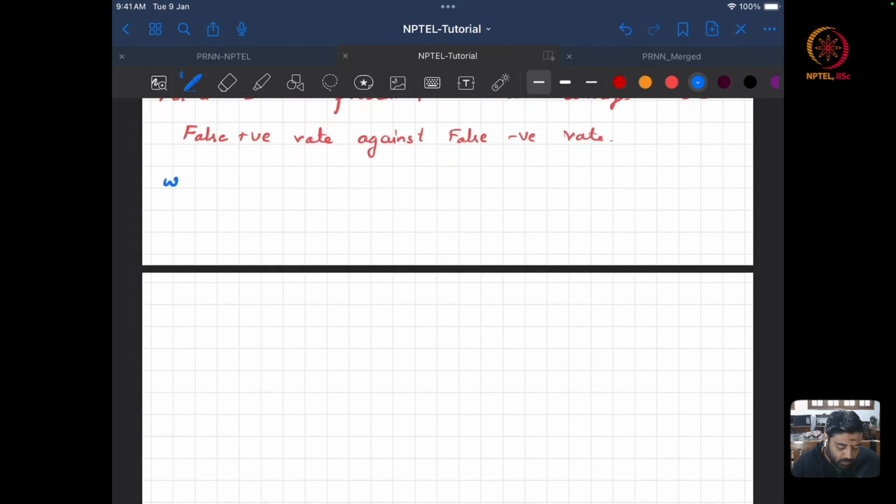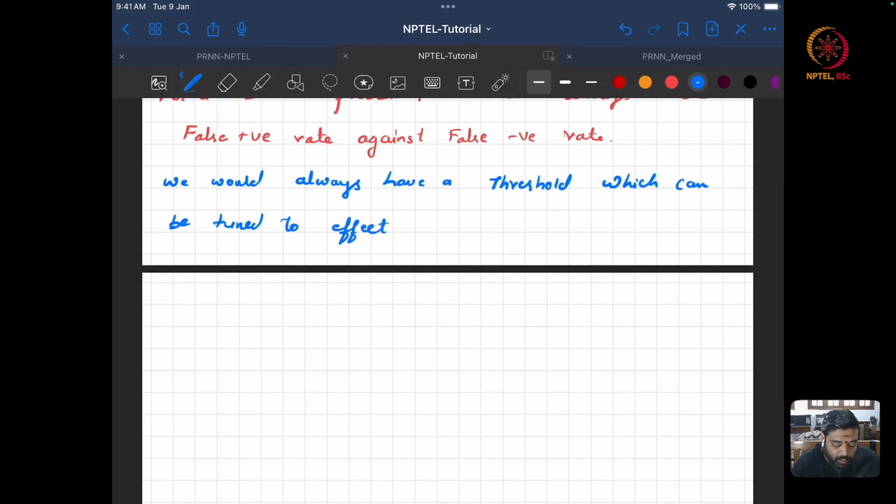So we would always have a threshold which can be tuned to affect this trade-off. You have a lot of options, so what is the best that you want? Depending on a threshold, I should be able to look at it and take care of it.